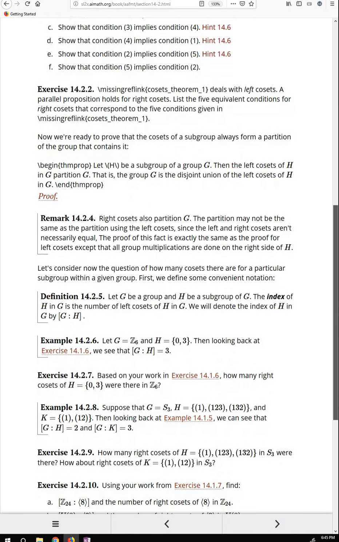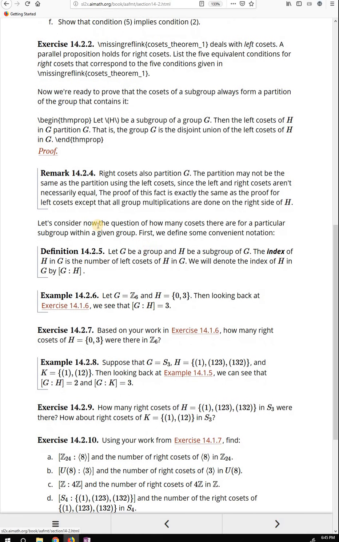All right, so here it says, now let's consider the question of how many cosets there are for a particular subgroup within a given group. So first we define some convenient notation, the index. The index of a subgroup in a bigger group is the number of left cosets. So for instance, let me ask you this.